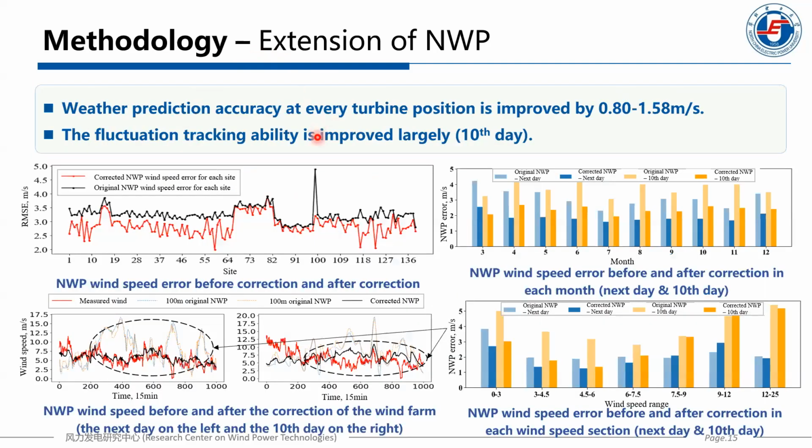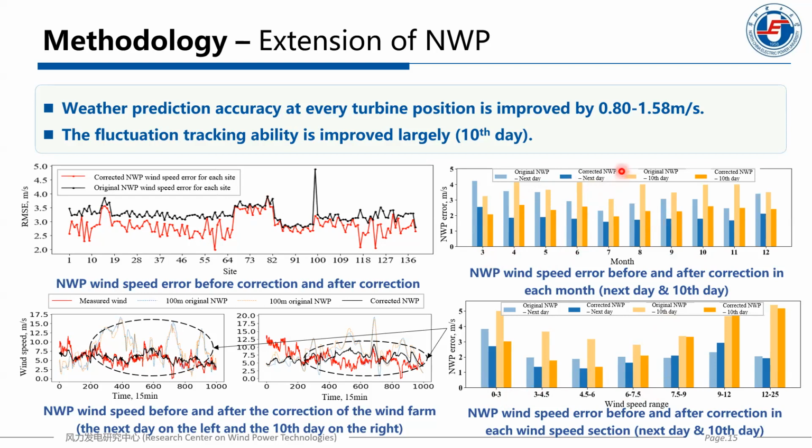You could see here the black one is the original NWP data, and after the correction by the model shown here, the error decreases largely. In different months and different wind speed ranges, it shows nearly the same result.